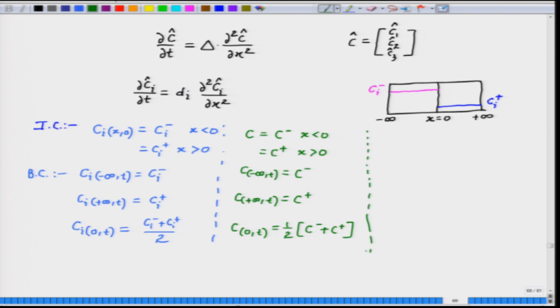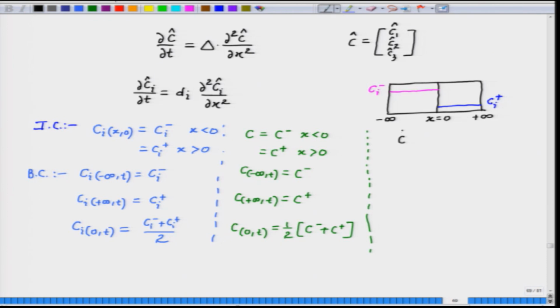We can apply the similar transformation to the initial and boundary conditions. So, if we pre-multiply both sides by P inverse, we get the concentrations in the cap basis, right. We can write C cap is equal to C cap minus for x less than 0, and equal to C cap plus for x greater than 0.